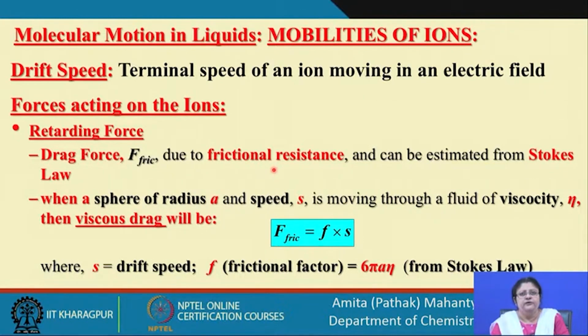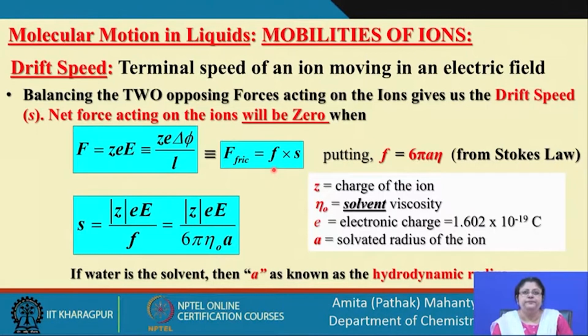Okay. So, there are two forces acting on the particle, one is the retarding force and the other is the accelerating force. These forces should balance each other to reach a terminal speed or drift speed. So, if you equate the two, the terminal speed of an ion moving in an electric field is obtained when the two forces acting on the ion are balanced.